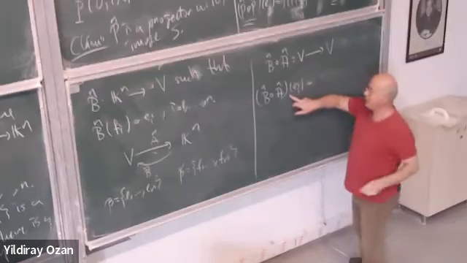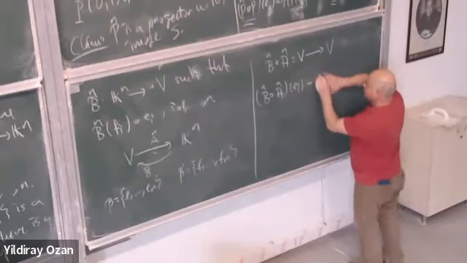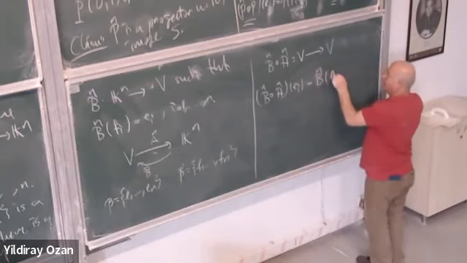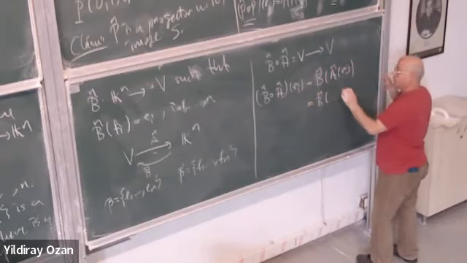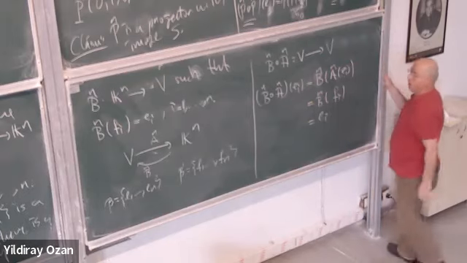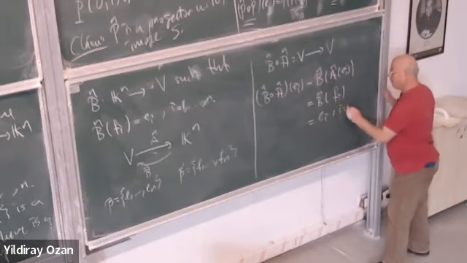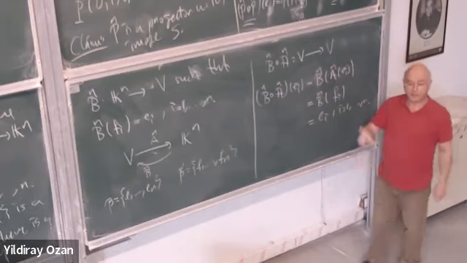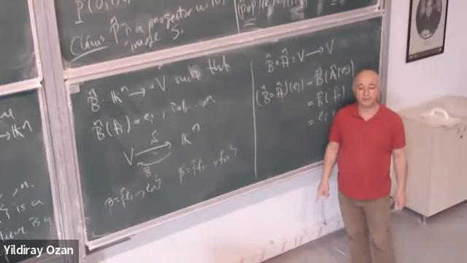On the ith basis element, this is just the effect of B hat of A hat of Ei, which is B hat of Fi, which is just Ei. So this is the identity on every basis element, right? There is another map which is the identity on every basis element. What's that?